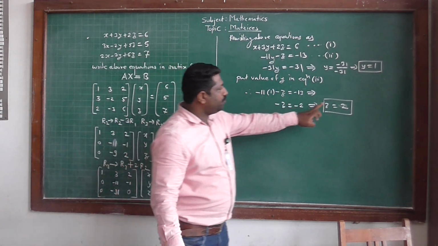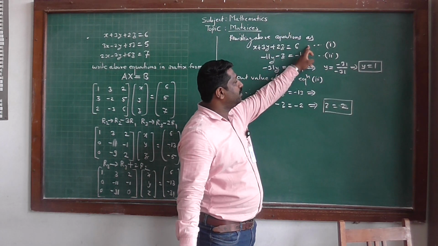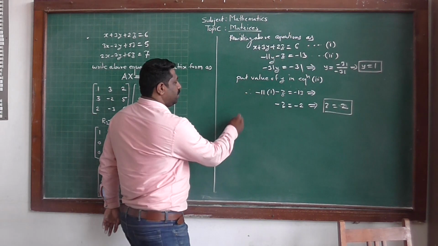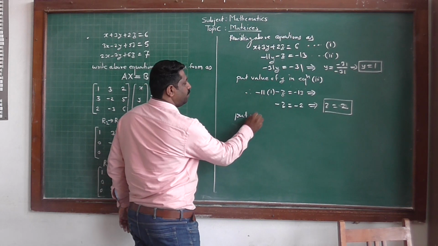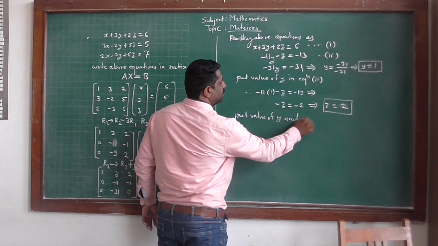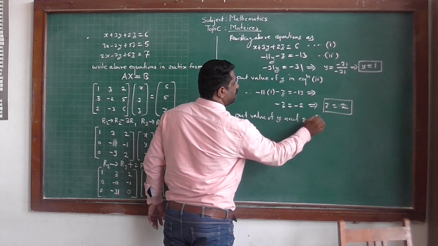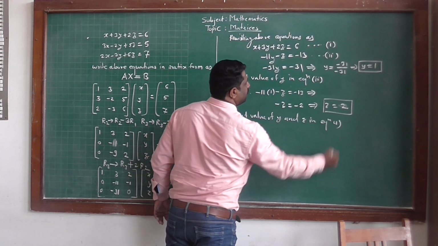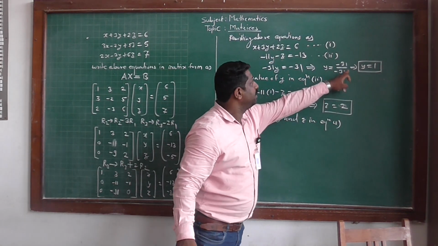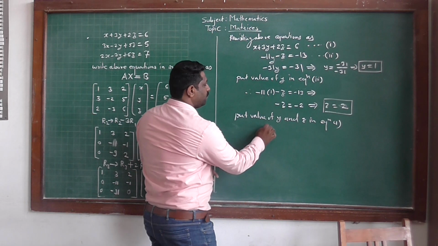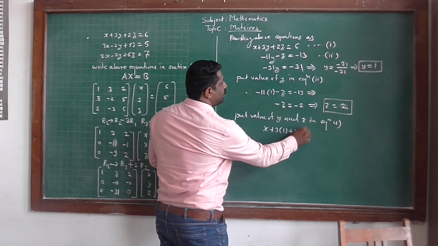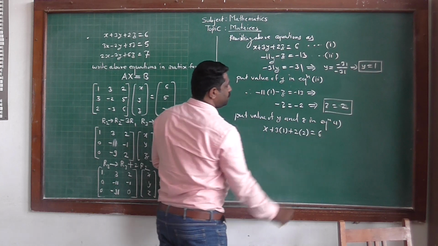So here we have got the value of z is 2. Now we put the values of y and z in equation 1; we are solving this system by back substitution. So x plus 3 times y, which is 1, plus 2 times z, which is 2, is equal to 6.